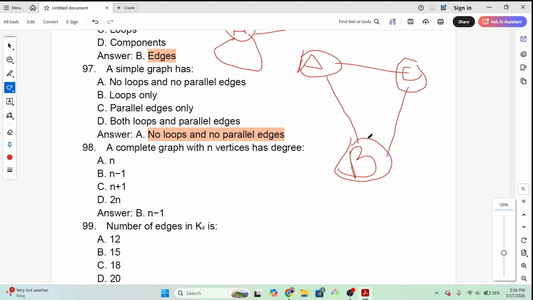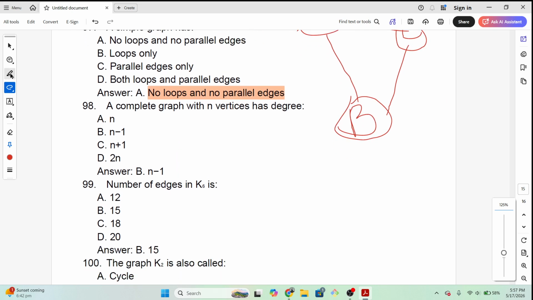We have three vertices, so 3 minus 1 is 2. The degree of A is 2, the degree of B is 2, and the degree of C is also 2. That's why this answer is correct.